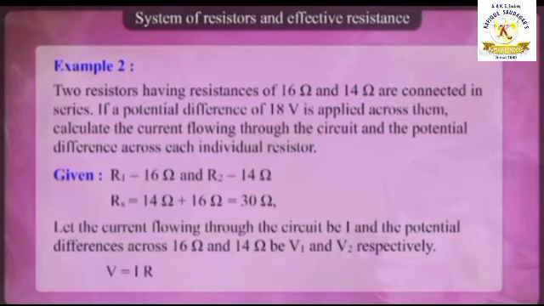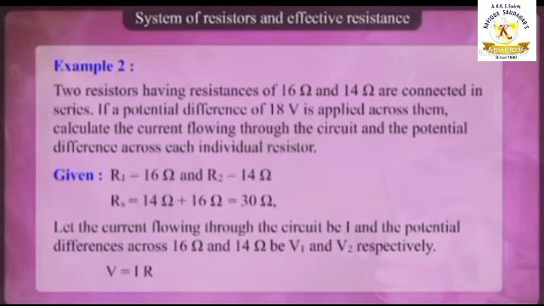We have to calculate the current flowing through the circuit and the potential difference across each individual resistor. First we have to calculate the current flowing through the entire circuit, and then the potential difference across each individual resistor.